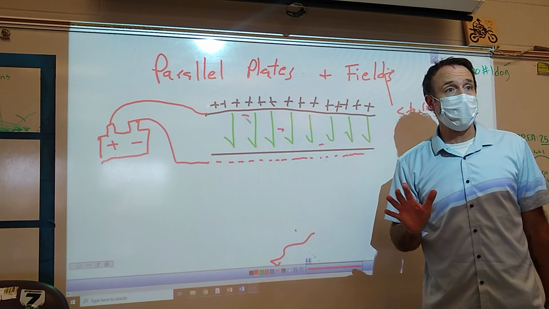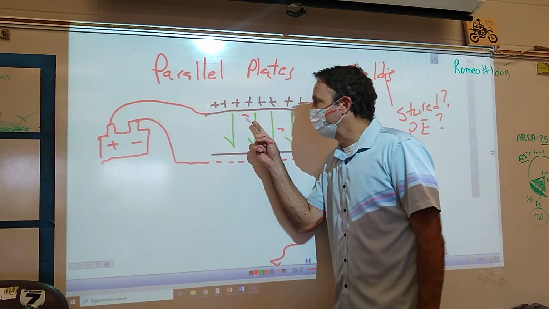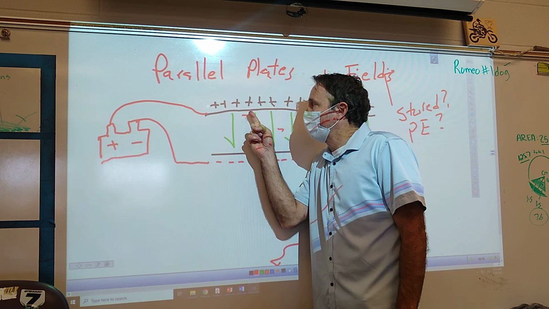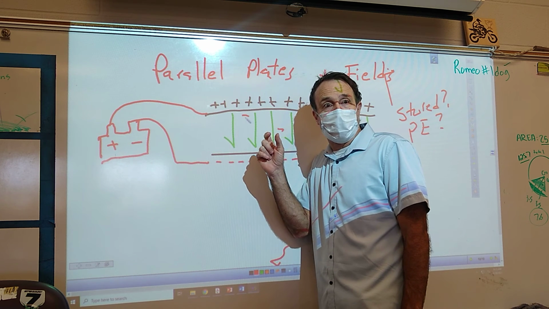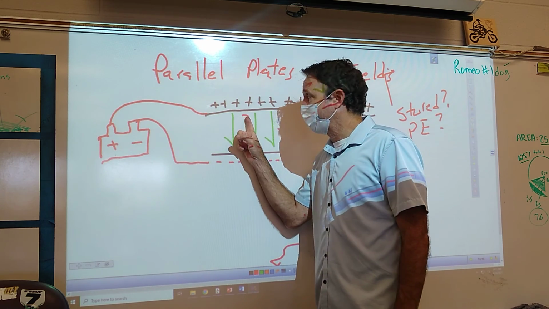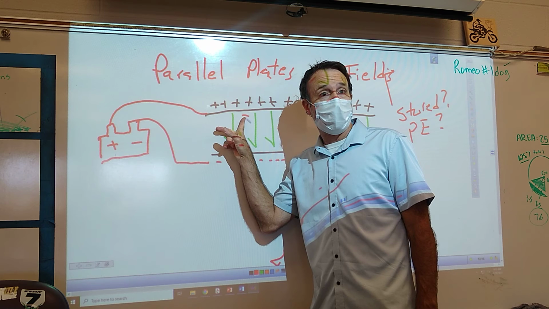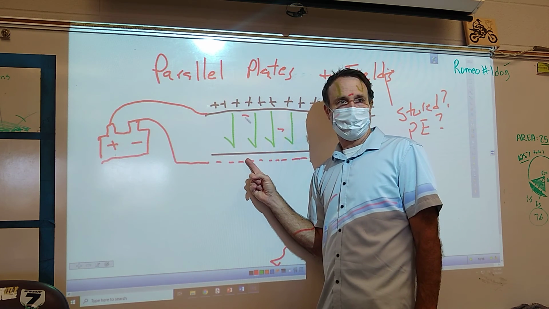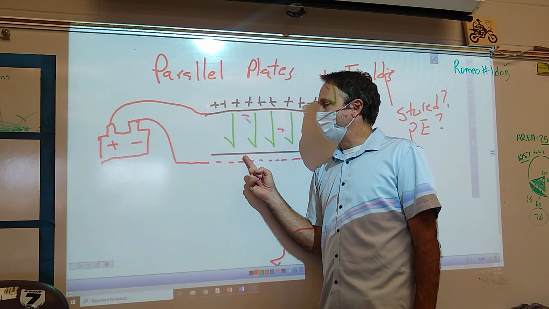Now this may seem weird to you. You may be like, Mr. Perkins, look how close that electron is to that proton. According to Coulomb's Law, the closer you are, the more attraction you have. That one's experiencing more force on it. And I would say, no, because look how far it is from this negative. This negative is barely pushing it.